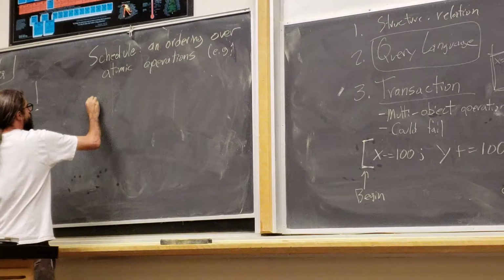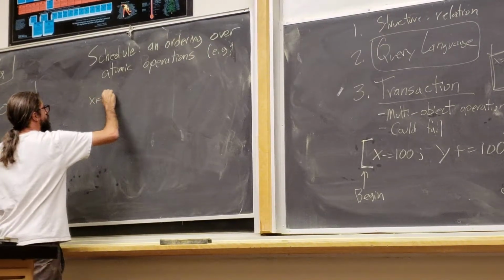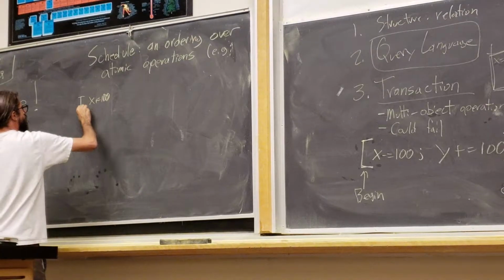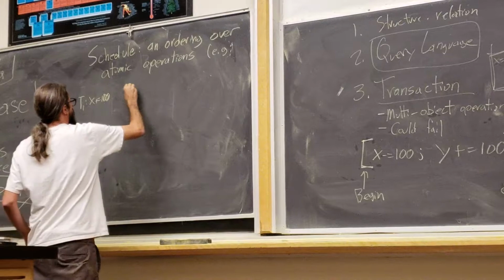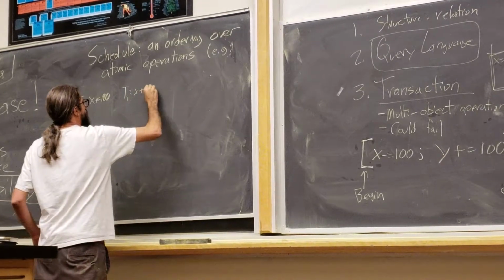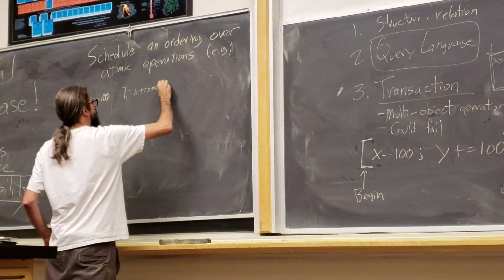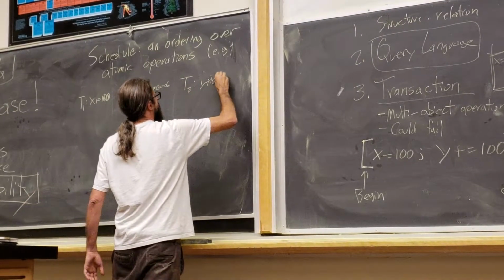T1 says X plus equals 100. T1 says X plus equals X times 0.06. T2 says Y plus equals 100.